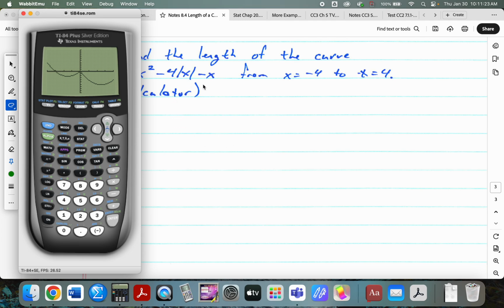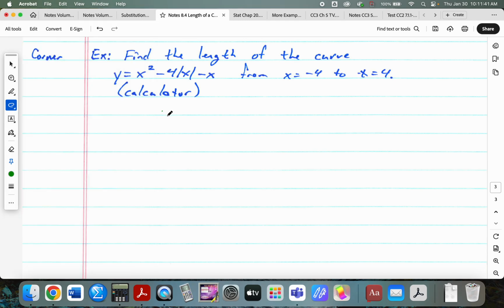And I have an additional problem in that you're like, oh, okay, that's fine, but how am I supposed to find the derivative of this with an absolute value in it? Right? So I need to rewrite my curve piecewise.